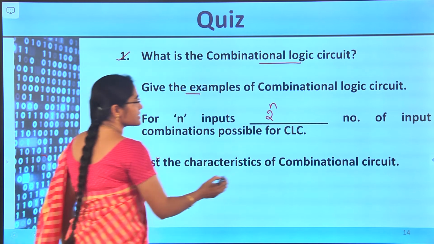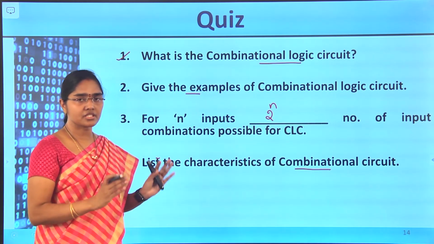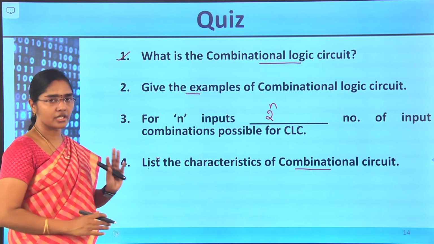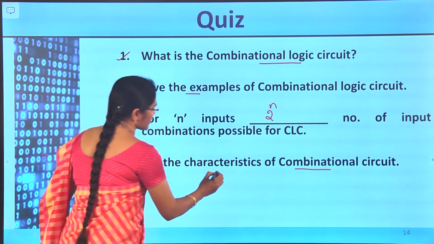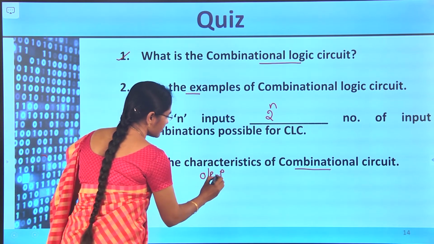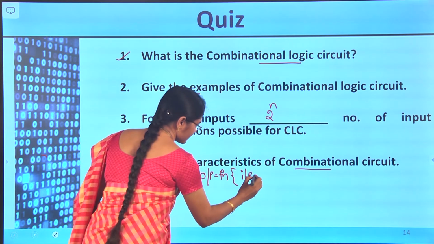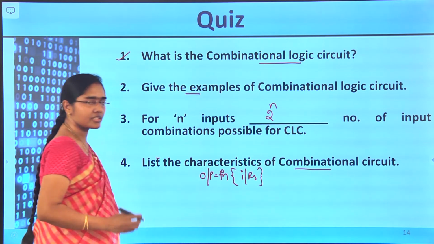List the characteristics of a combinational circuit. This is very important because till now we have seen this and it needs to be understood. What are the characteristics? The first one is that the output is a function of the present inputs.